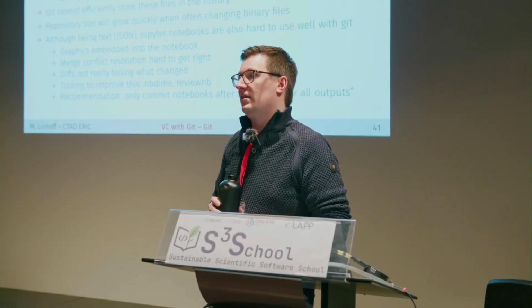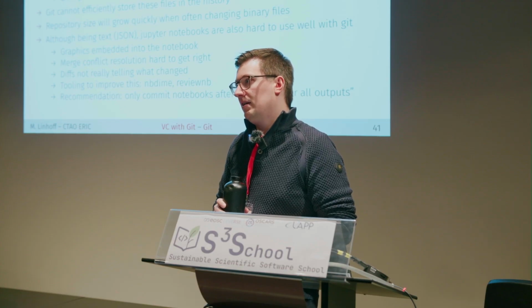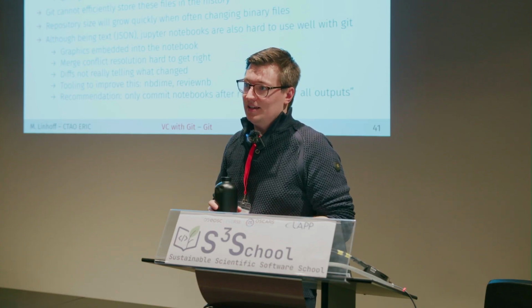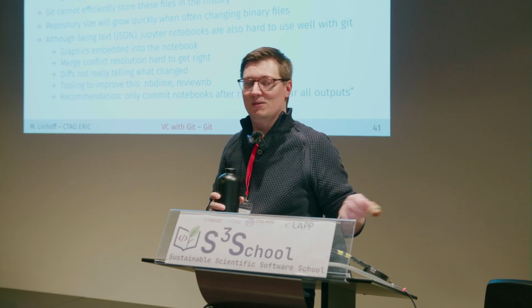Always clear the outputs of the Jupyter Notebook before you store it in Git, which is a bit annoying if you want to present the results of an analysis to someone, but there I would point to the CI lecture tomorrow. What I would do is have the CI for a specific version build the Jupyter Notebook and push the result to your documentation and not have the fully rendered notebook itself in your code.